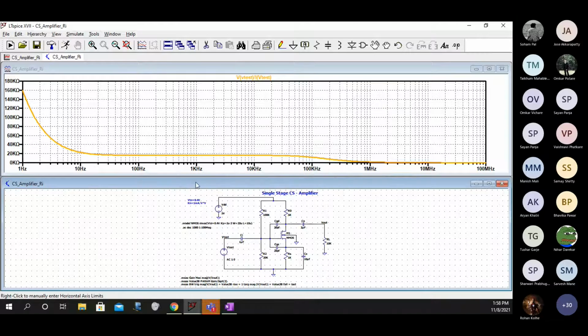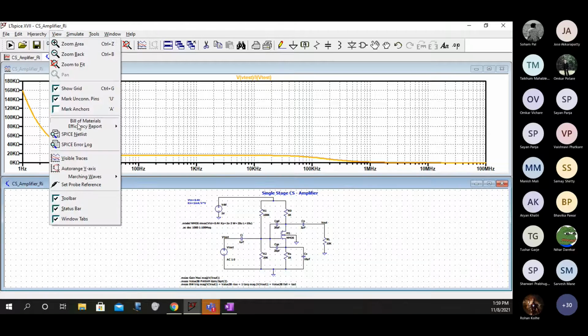Otherwise it will show you in dBs only. Okay, good, very good.